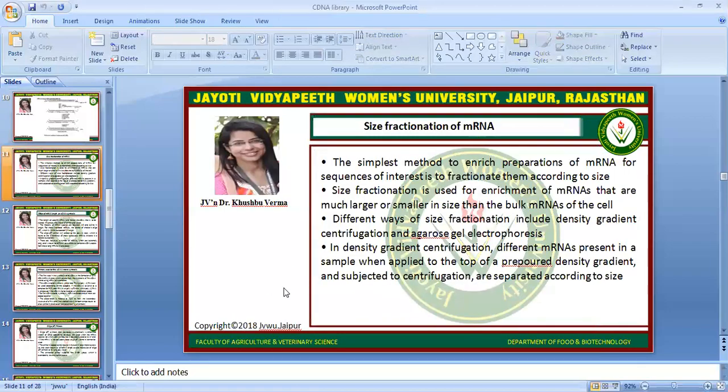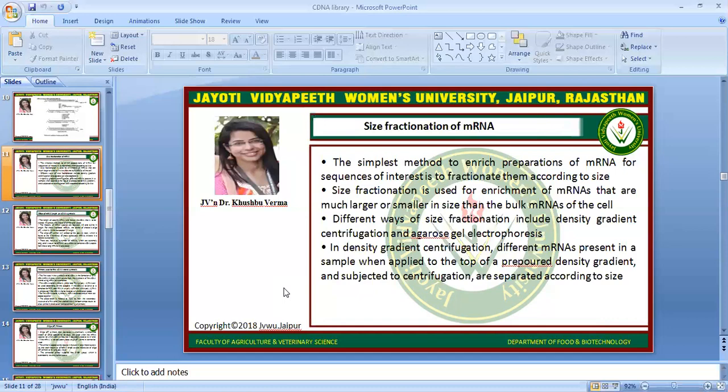Next is size fractionation of the messenger RNA. The simplest method to enrich a preparation of messenger RNA for sequences of interest is to fractionate them according to size. Size fractionation is used for enrichment of messenger RNA that are much larger or smaller in size than the bulk messenger RNA of the cell.